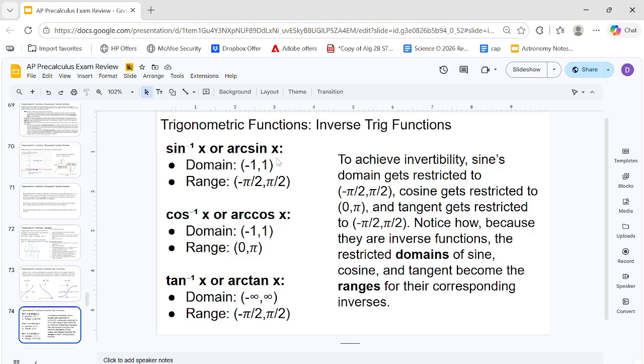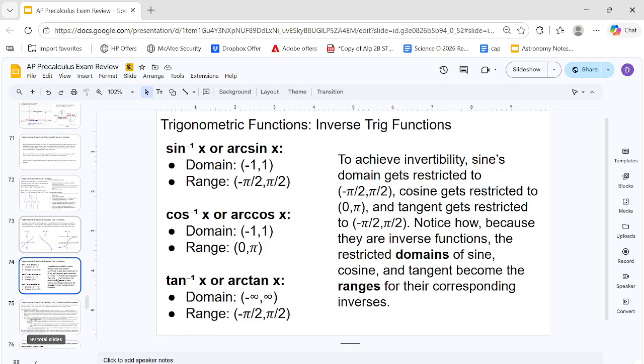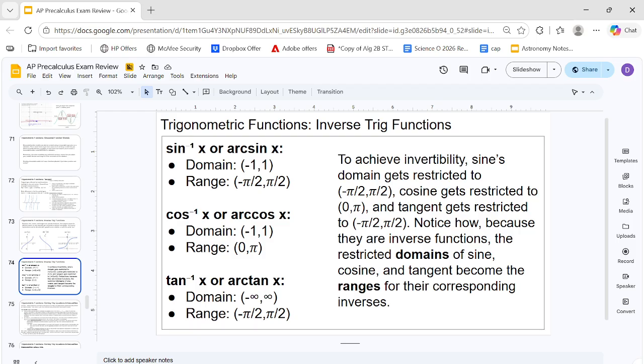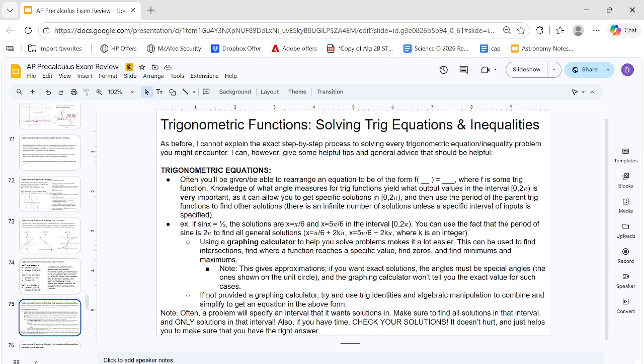For sine inverse, the domain is negative 1 to 1, same for cosine inverse, but for tangent inverse, the domain is all real numbers. The restriction happens so that the graphs are invertible, so they can have inverses. This is good to know, but I'm not going to go over everything.